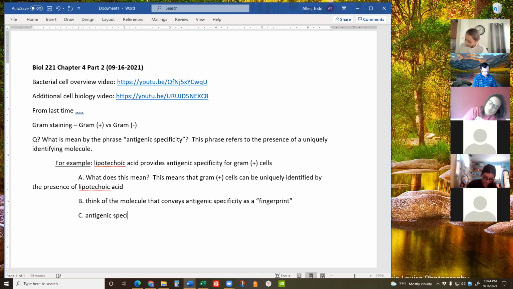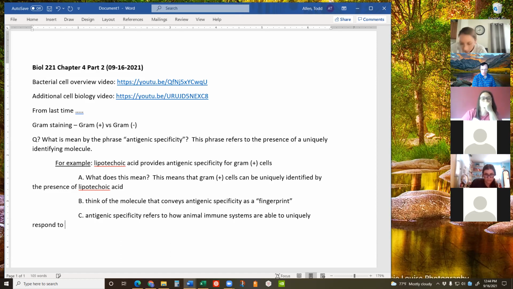Antigenic specificity refers to how animal immune systems are able to uniquely respond to an antigen.